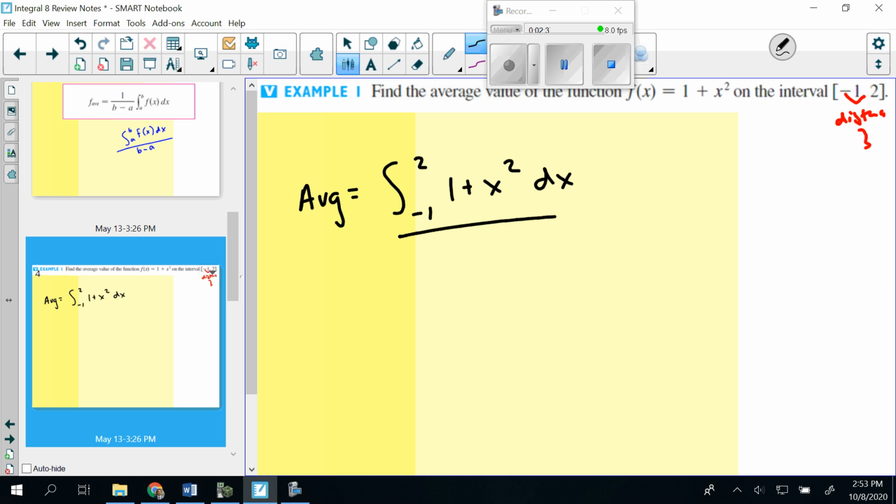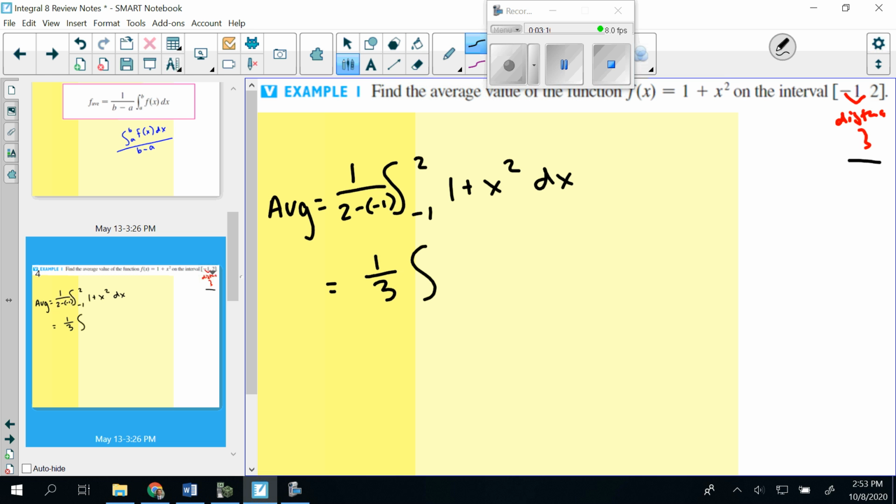So you can either write it as divided by the difference, which if we minus a negative here, is going to end up being 3 like we talked about before, or you can multiply it out in front as a constant, which works too. So you can put it as 1 over 2 minus -1. Either one's going to give us the same thing. We'll just roll with this since we got it written up on the board. So 2 minus a -1, that's 3. So we want to divide this by 3 when we're done.